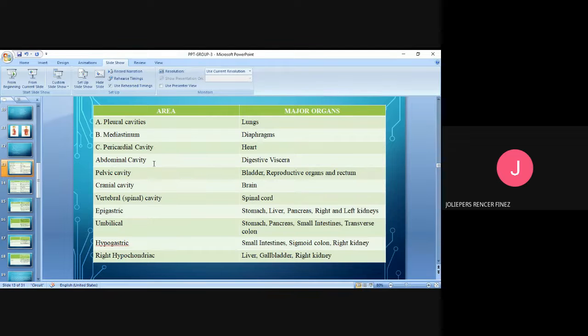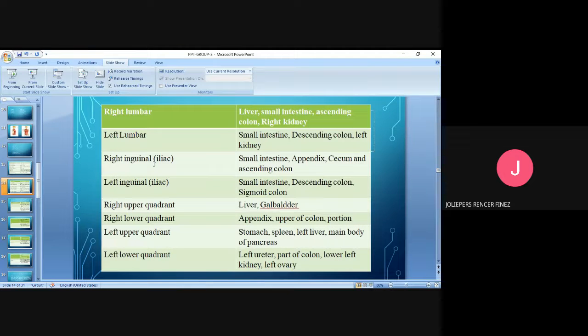The 9 regions are the epigastric, next slide, to the left inguinal or the iliac, and the 4 quadrants are the right upper quadrant to the left lower quadrant. Please go back.